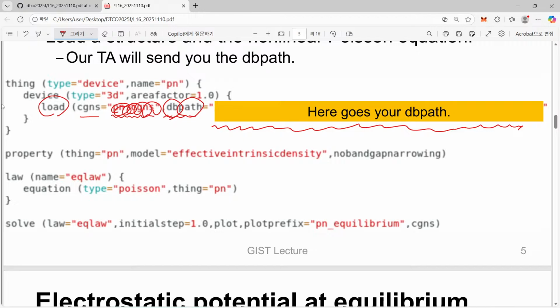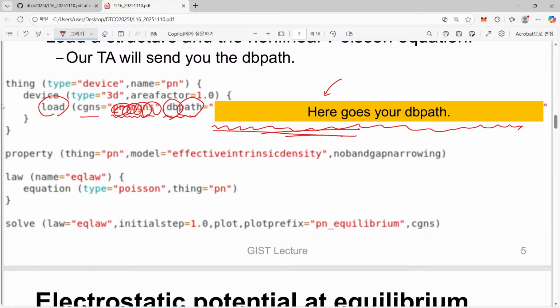But it really depends on the simulation environment. That is really a path for your given installation. So our TA will distribute the correct DB path.